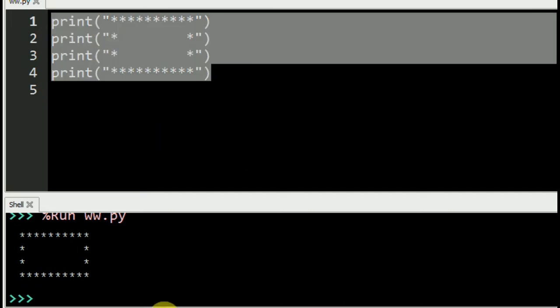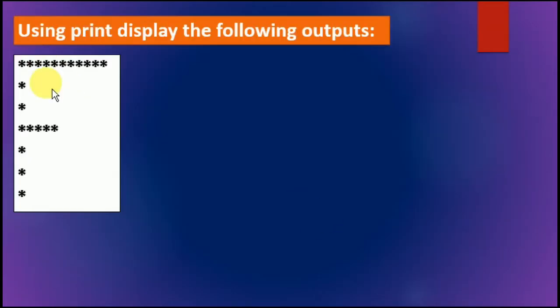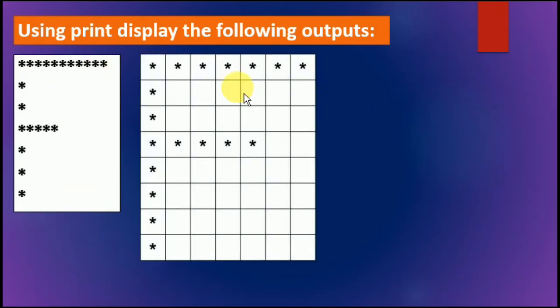Let us take one more example. We need to create the F like this. So what is the first thing? The same, you need to make a graph like this, with boxes, rows and columns. In the first row, place the star sign, 1 2 3 4 5 6 7 stars.